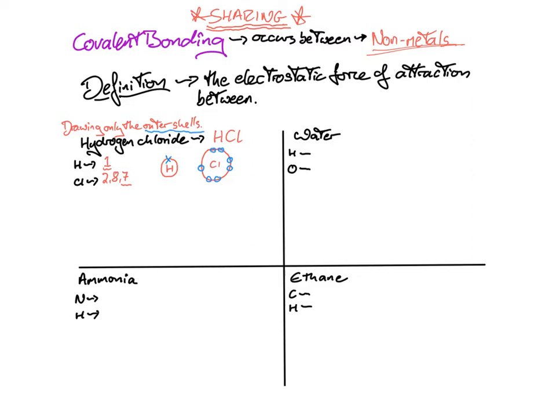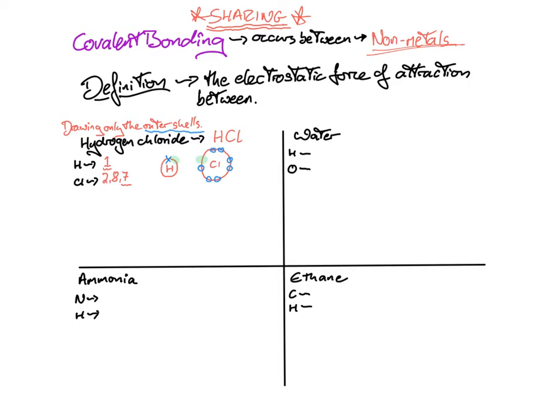Both are looking to gain because it's energetically favourable to do so, and both will end up with full outer shells. If we have a quick look with a highlighter, we can see that there is a gap here where an extra electron can fit into that shell. There is a gap here where an extra electron can fit into that shell. How does this work?